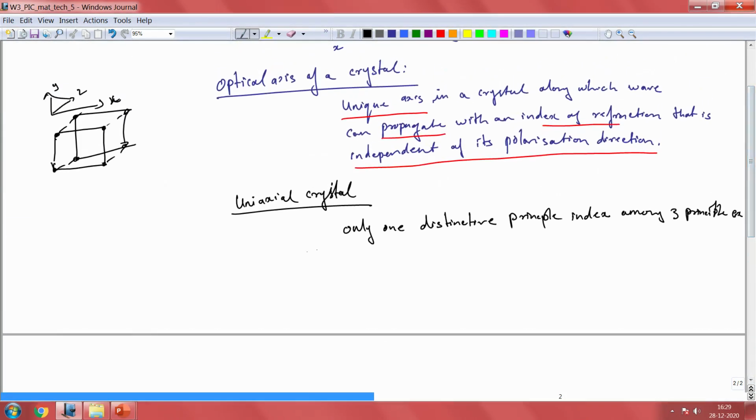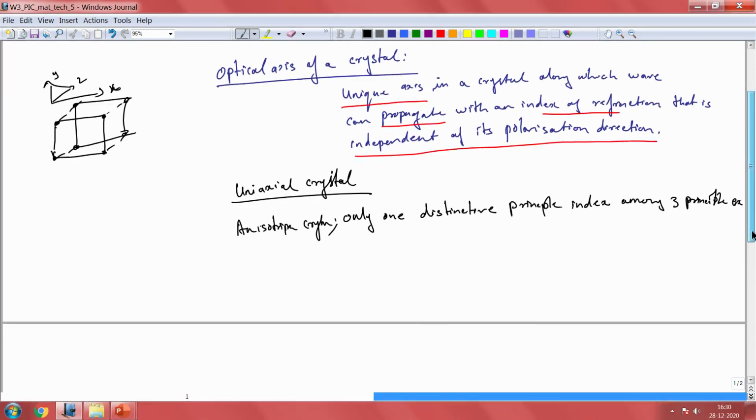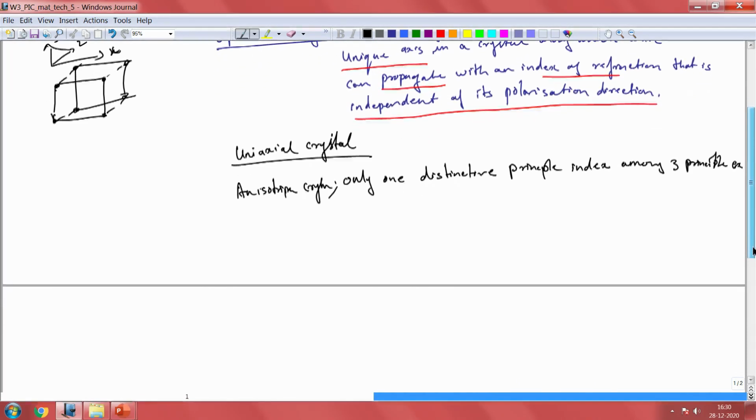Only one. So, this material is still anisotropic. In an anisotropic crystal, only one distinct principal index among the three principal axes. So, this is how we can define the uniaxial crystal.